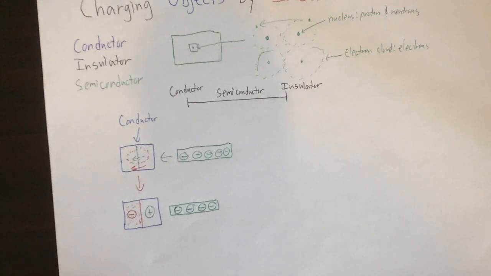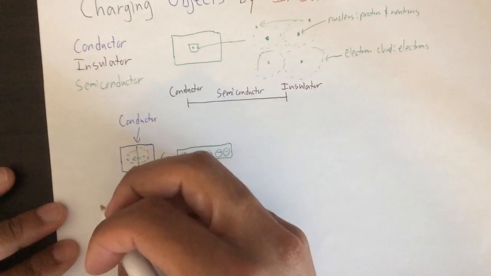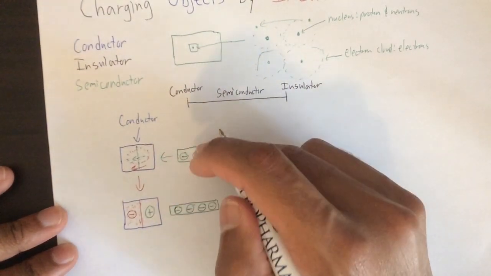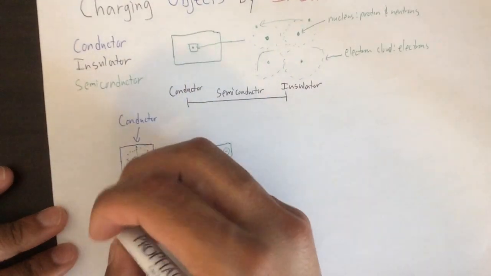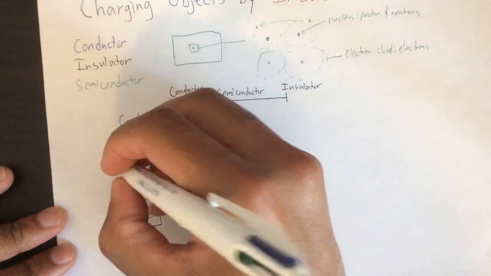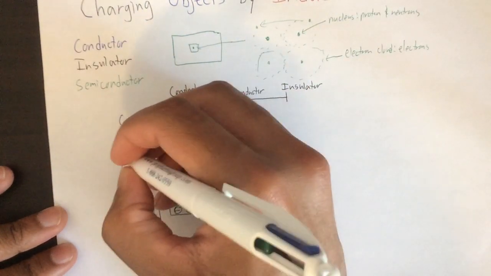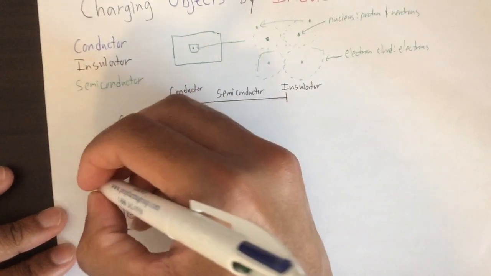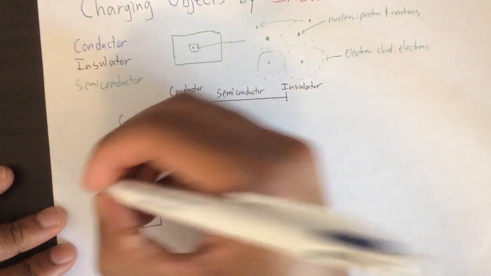Now let's assume we did this whole process, but in this new scenario, the material was in contact with the earth, and the earth is a ground.